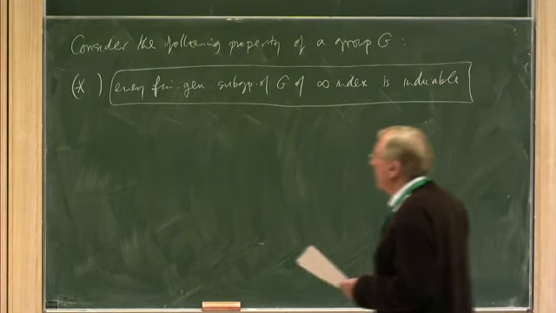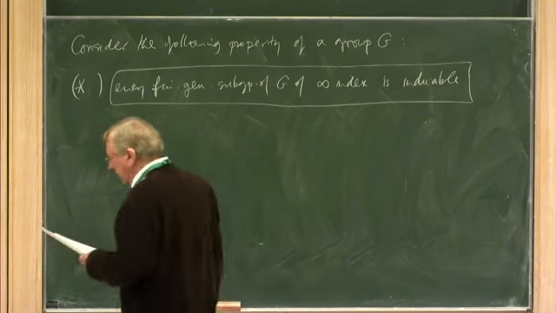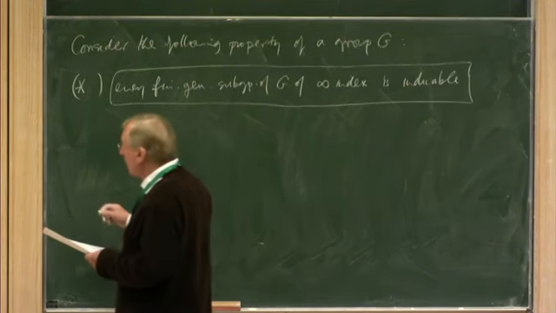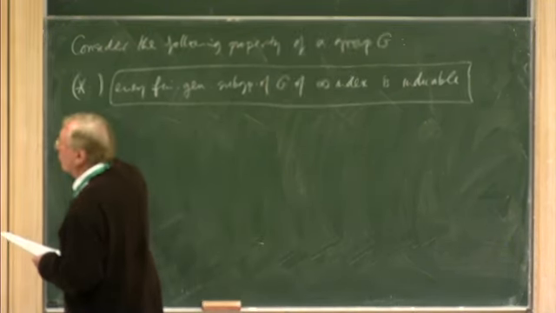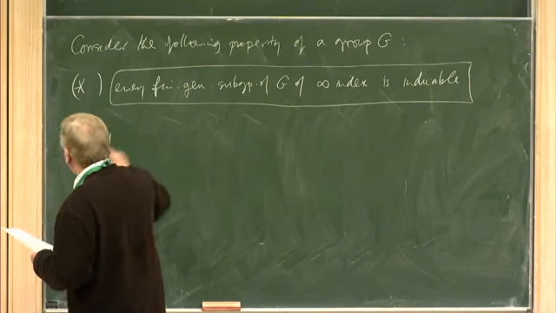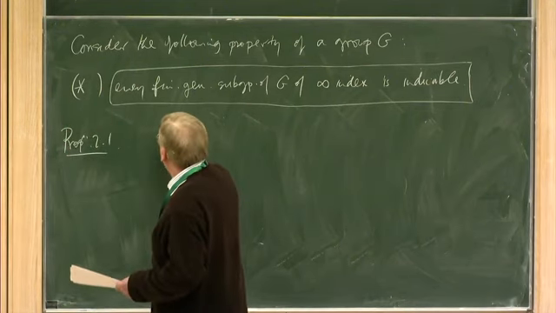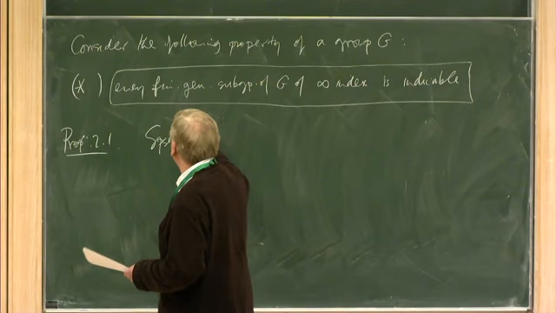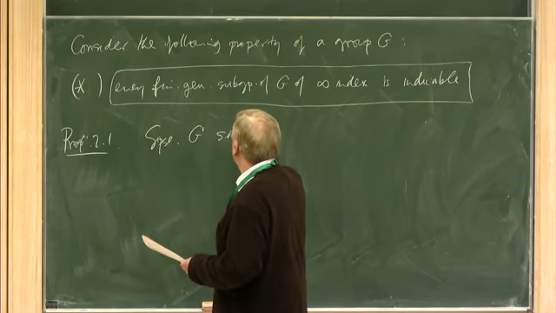First of all, let me call this Proposition 2.1. Suppose you have a group G that satisfies this property.